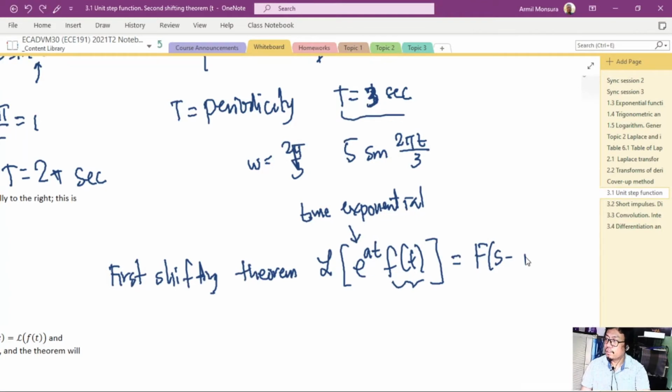Now, as you can see, the independent variable of your function F in the s domain is subtracted by a parameter a. Delay is not a proper term here; the proper term is shifting.